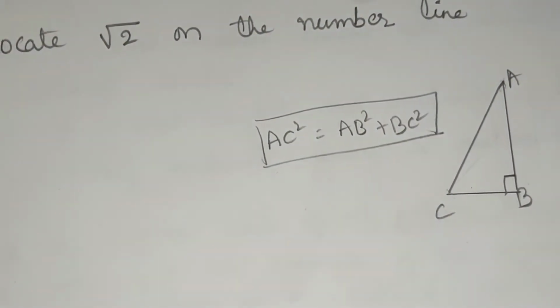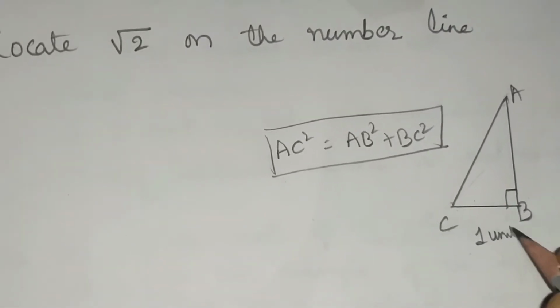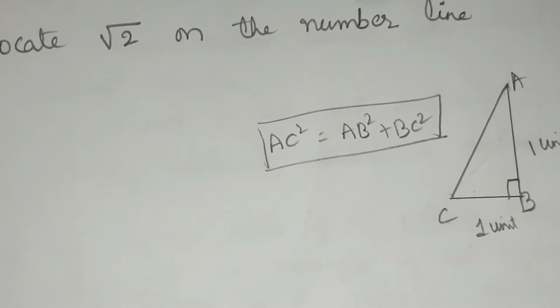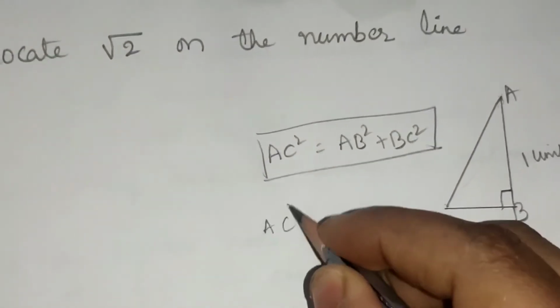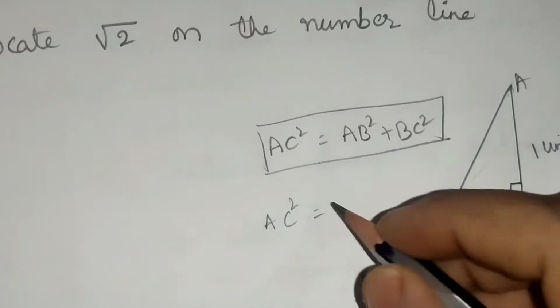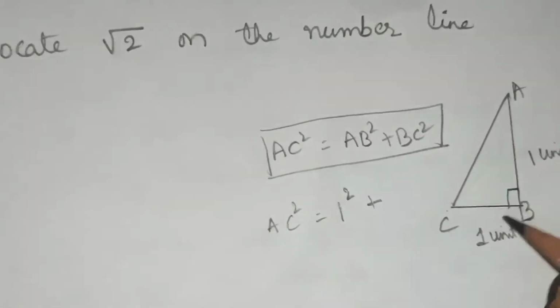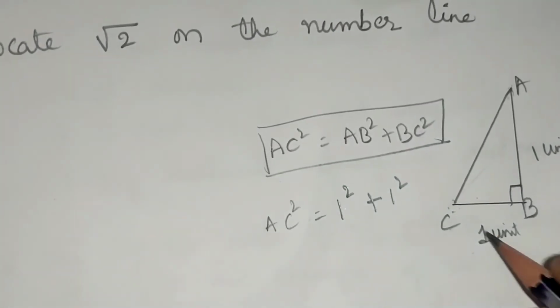In order to locate root 2, let us take BC as 1 unit and AB as 1 unit. Now, let us find out AC square. If I take AB as 1 centimeter, it will become 1 square, and BC is equal to 1 centimeter, then it is 1 square.